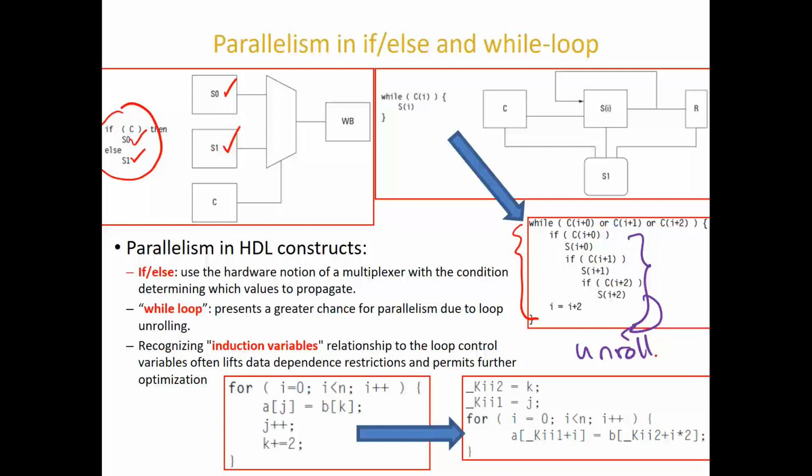Sometimes with induction variables, in this case we are using J and K, we are imposing dependency on ourselves.